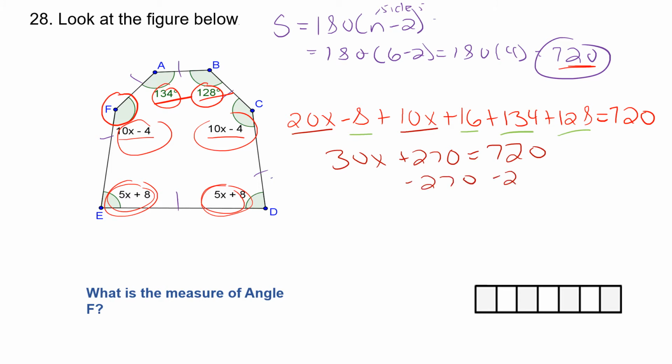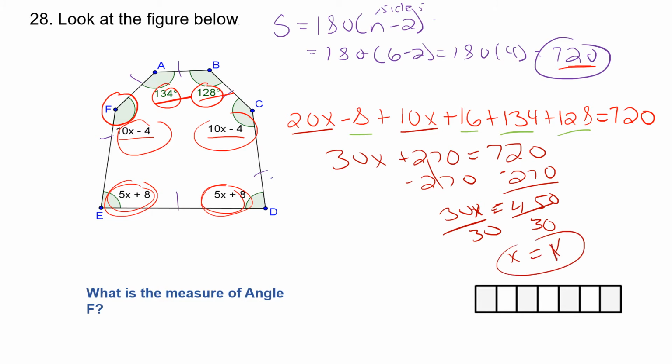Subtracting 270, 720 minus 270 is 450. One-step equation left, divide by 30. x is equal to 450 divided by 30. That is 15. So x is equal to 15.